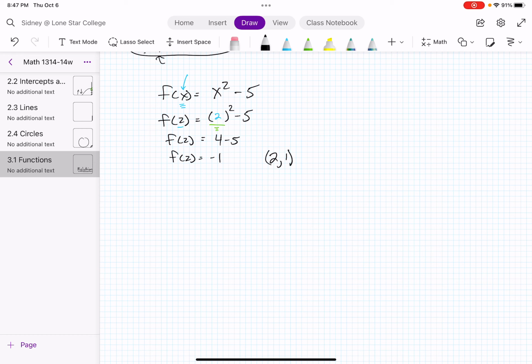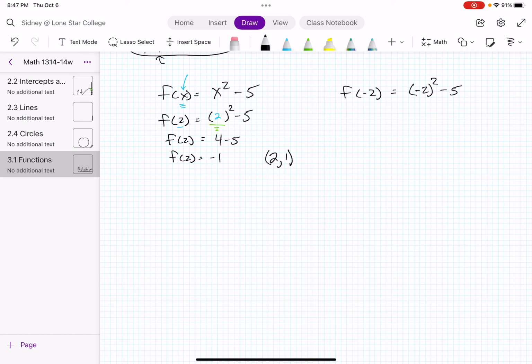Now, if I, for the same function, said, what is f of negative 2? Well, that means plug in negative 2 into that function. So instead of x squared minus 5, I have negative 2 squared minus 5.